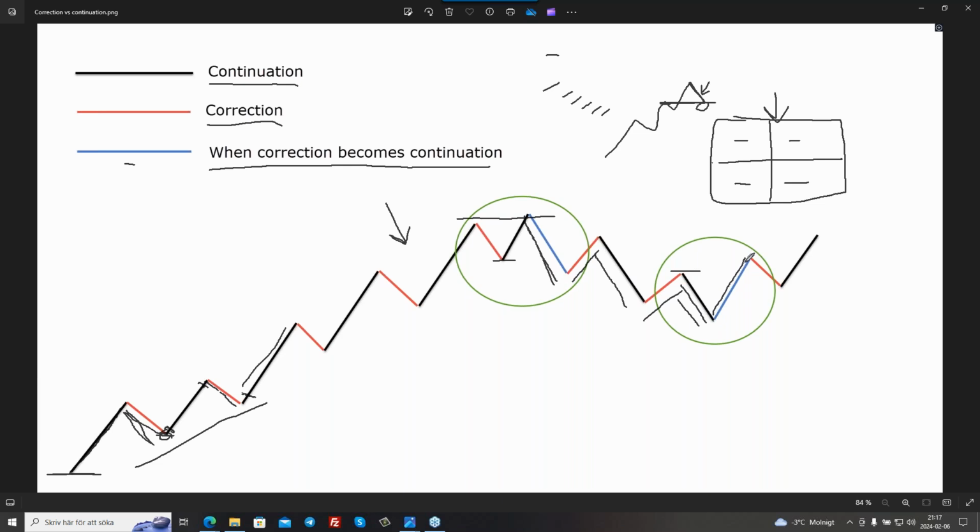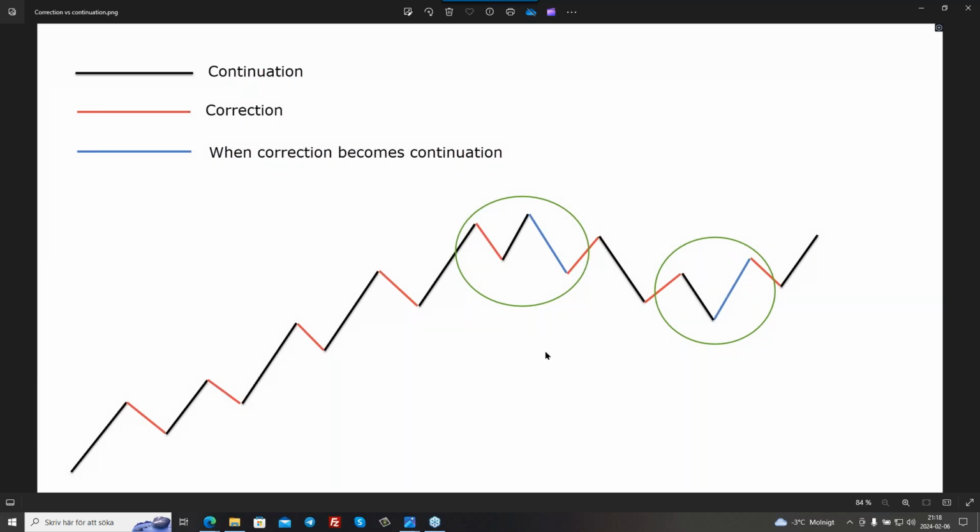Now the bulls are in control, and when the bulls are in control, you need to be looking for buying opportunity when price is correcting itself down to a level of support. Okay, and then the trend continues. Super important. So I hope that you understand the concept of price action reading when it comes to correction and continuation.